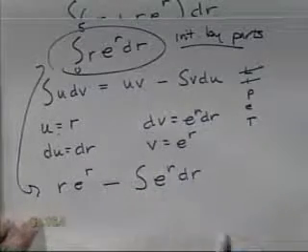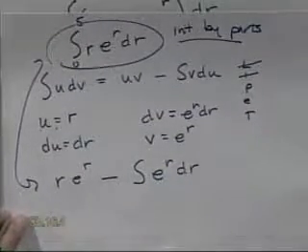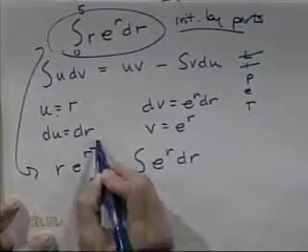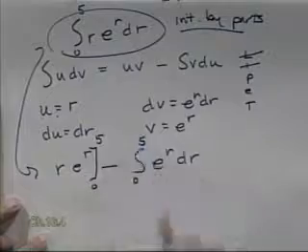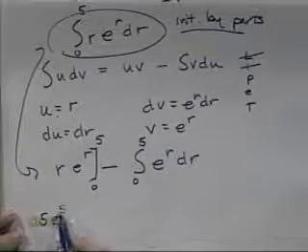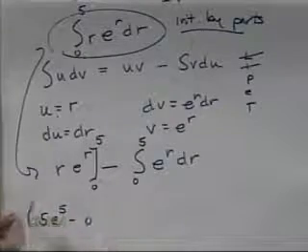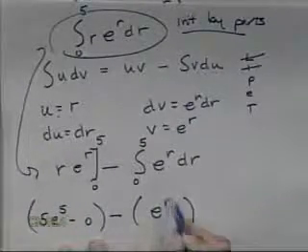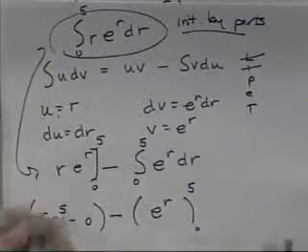This is a fair one, because it's a fairly simple integration by parts. It's not too horrendous. And we're going from 0 to 5. So down here we put in 5, minus, you put in 0, you get 0. Minus, what's this integral? E to the r dr is e to the r, and we're going from 0 to 5.